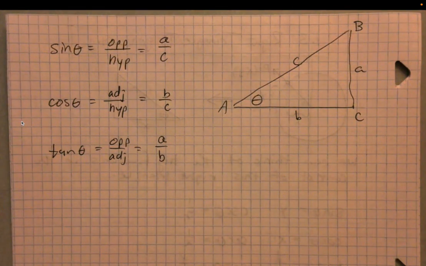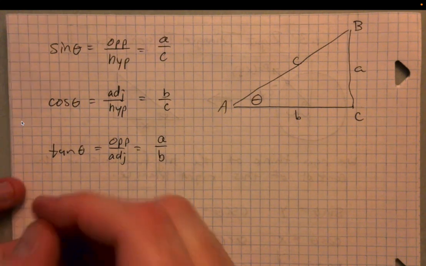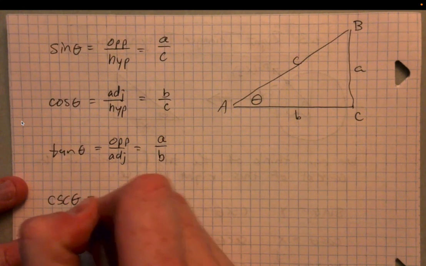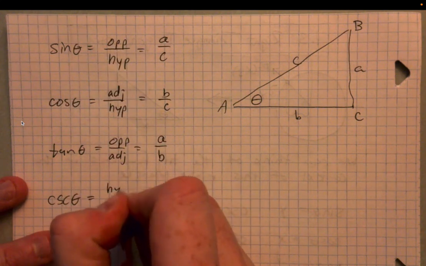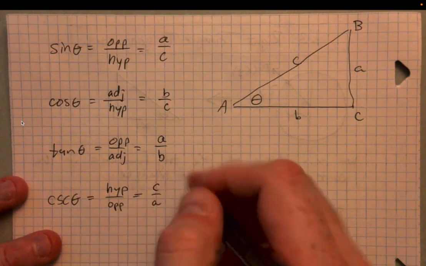And then the other three are going to just be the reciprocals again, right? So that reciprocal relationship still exists here naturally. So the cosecant is really going to be the hypotenuse over the opposite side. Hyp over op, so c over a.